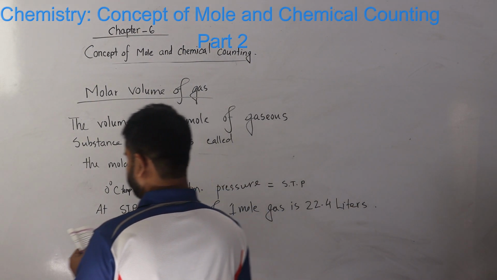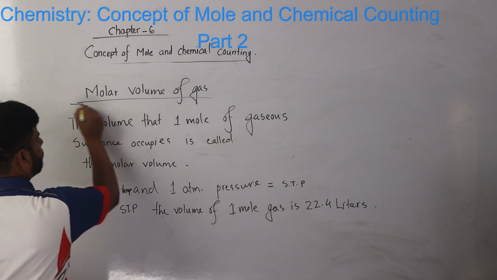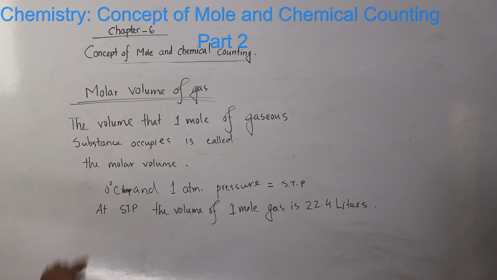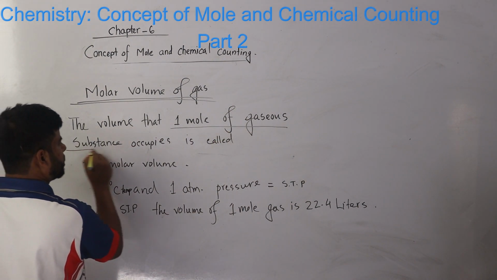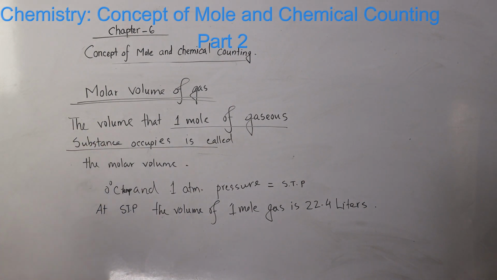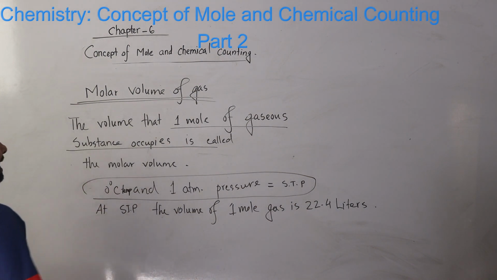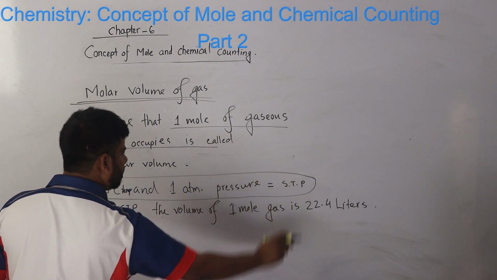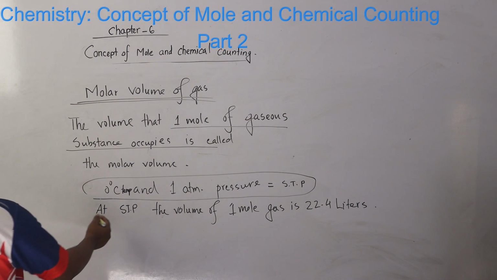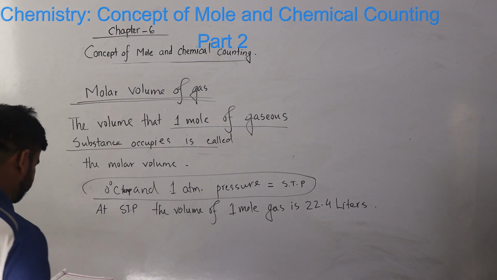So remember molar volume. Molar volume means the volume that 1 mole of gas or gaseous substance occupies. Standard temperature pressure means 0 degree Celsius temperature and 1 atmospheric pressure, called STP. At STP, the volume of 1 mole gas is 22.4 liter.